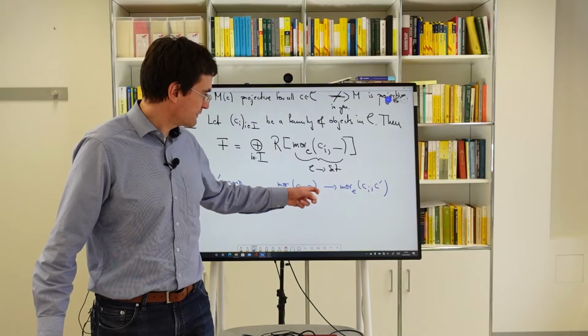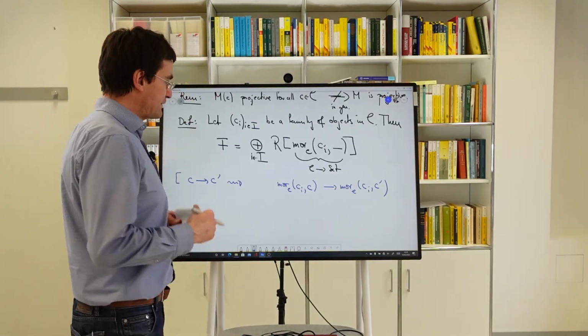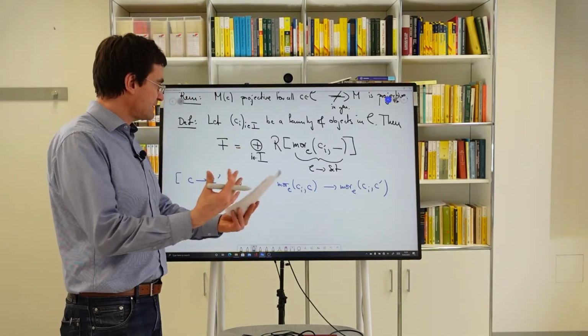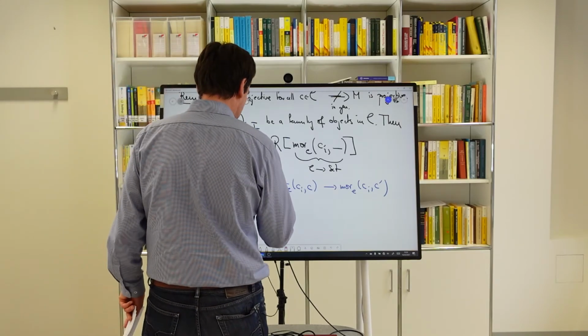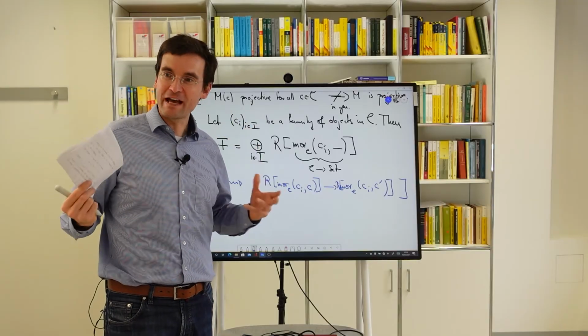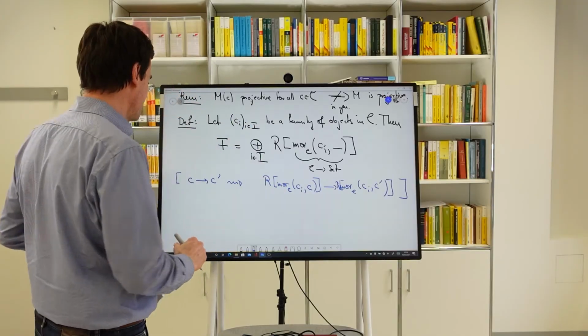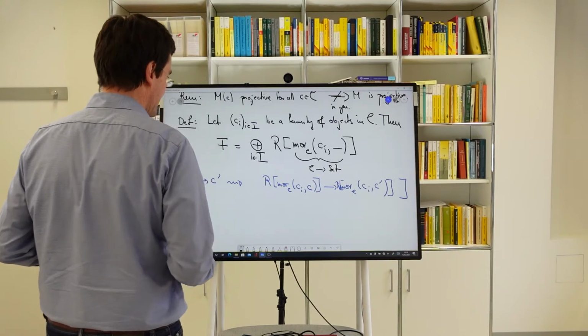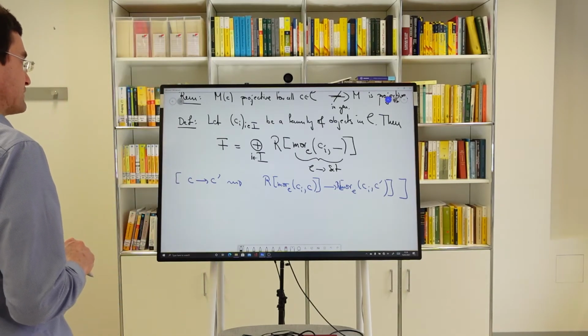So you take such a morphism, you compose. So you have a map of sets, and the map of sets also induces a map of R modules on the free R modules over these sets. And this is how you get the structure of a functor. So it's actually not hard, it's just very abstract to think about these objects. And you still take the direct sum of these. Yes, I take a direct sum of these.